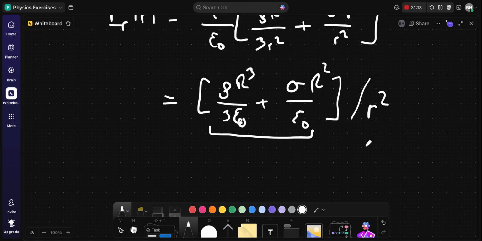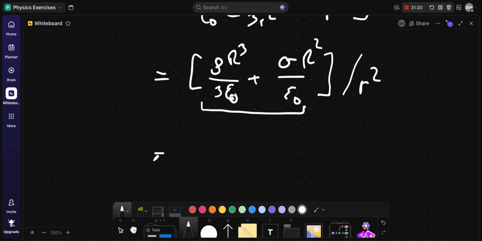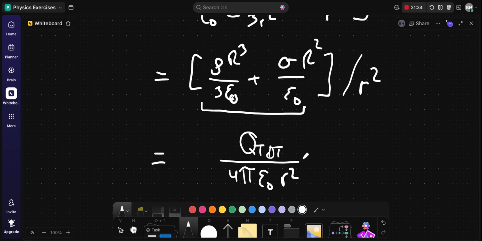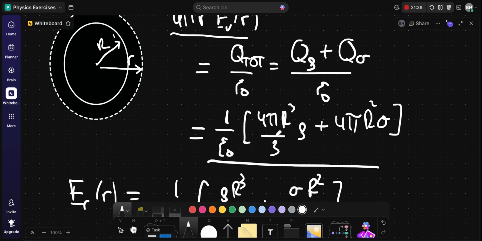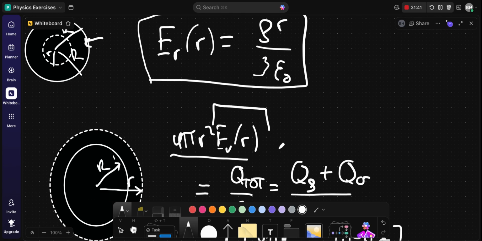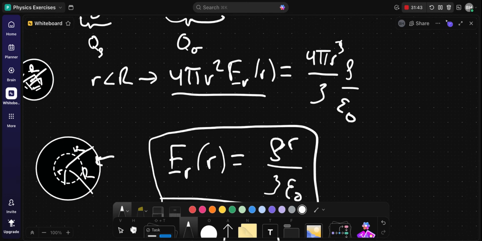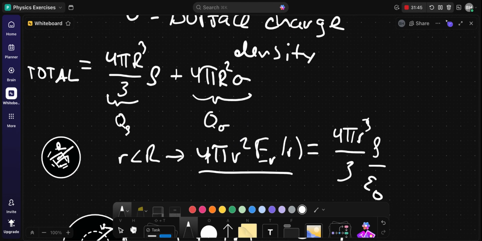Okay. Alternatively, you could write this as Q total divided by 4 pi epsilon 0 r squared, where Q total is what we have figured out already. We have used it here, but we figured it out earlier up here.